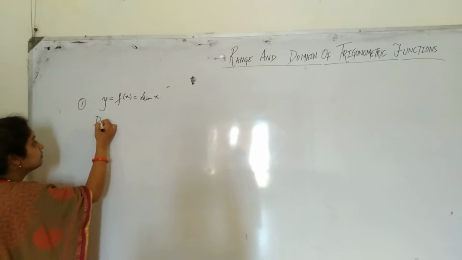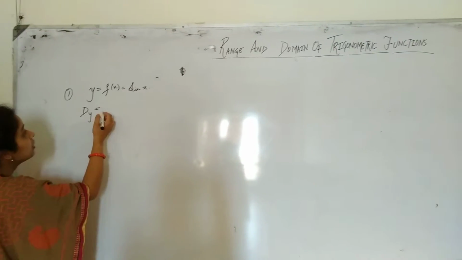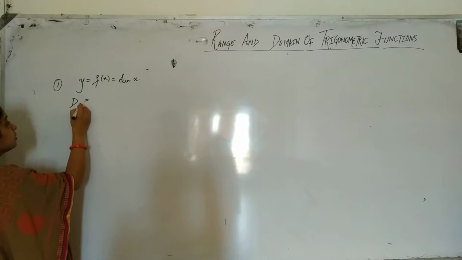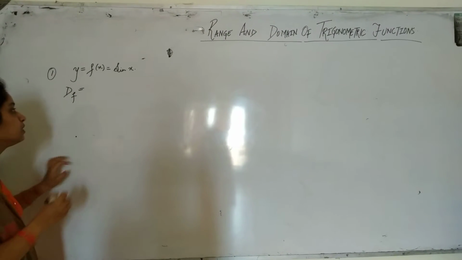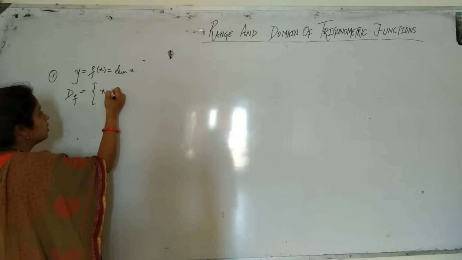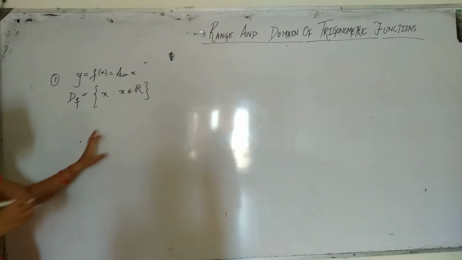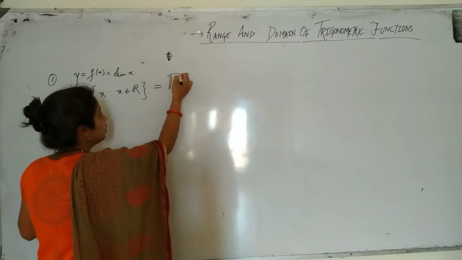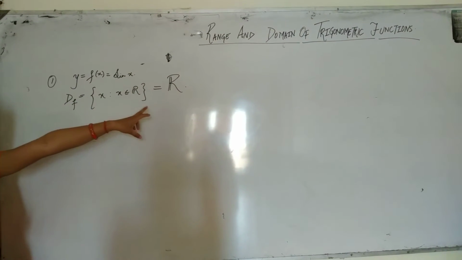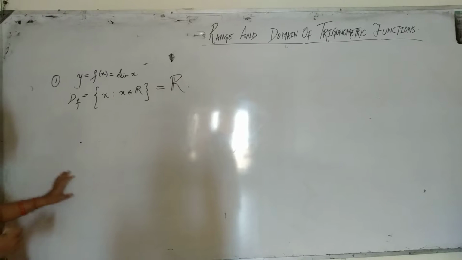The domain of the function f(x) = sin x is the set of all real numbers. This is the set builder form, and we can also write it simply as R. This R is a representation of the set of all real numbers.